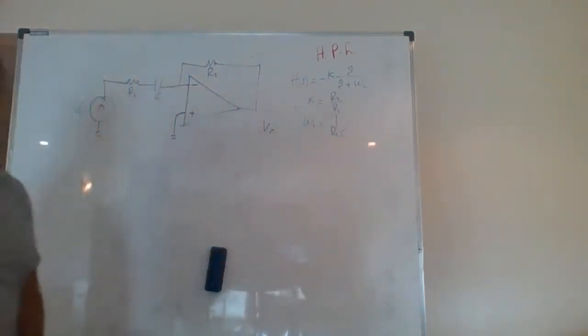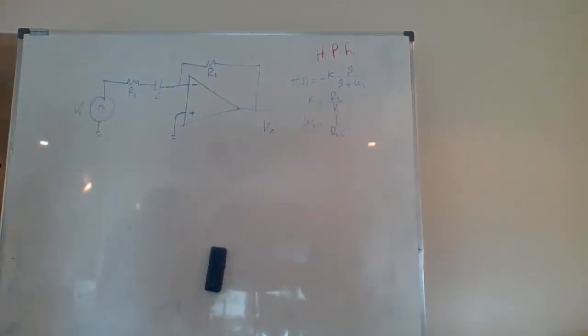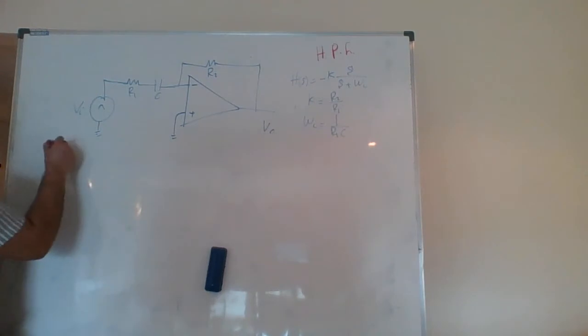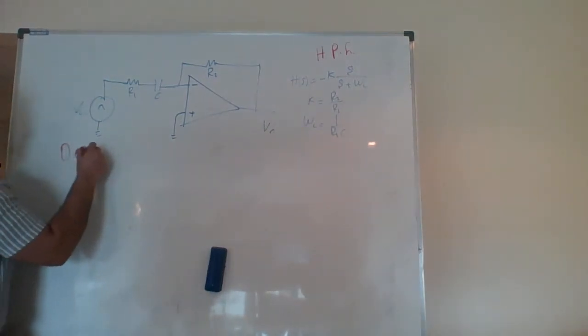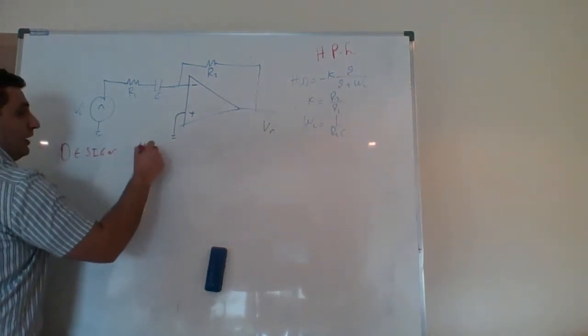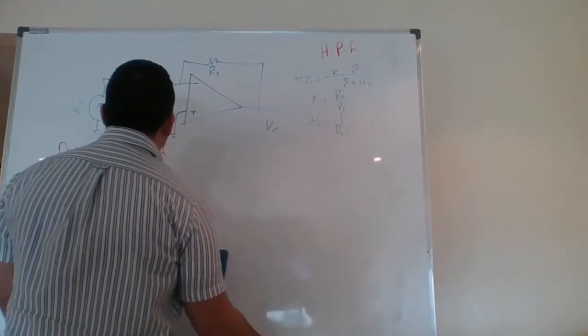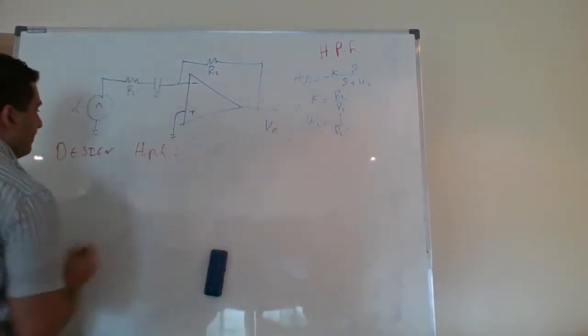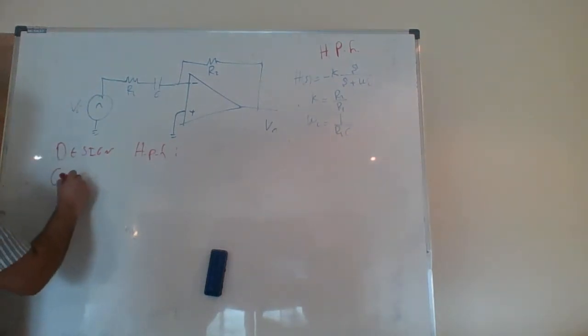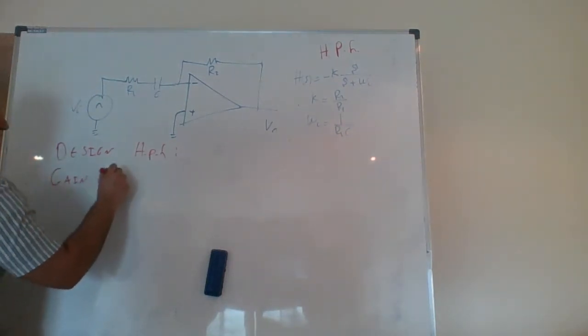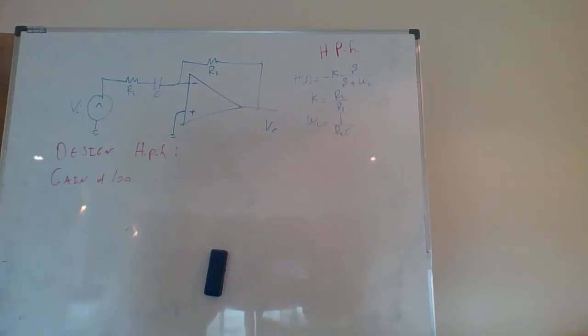Now, let's design a high pass filter to meet the following conditions. Gain of 100. So the gain must be 100.